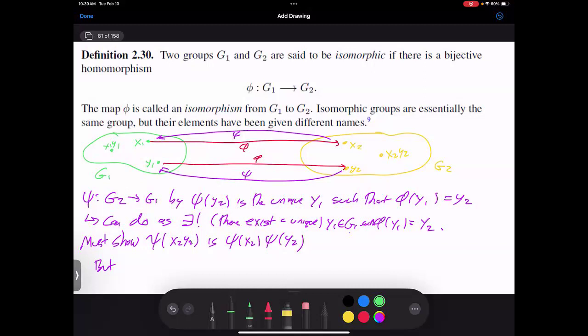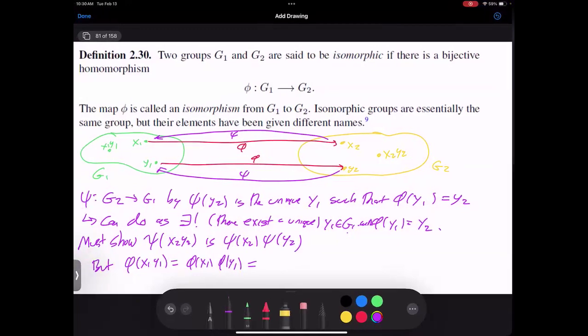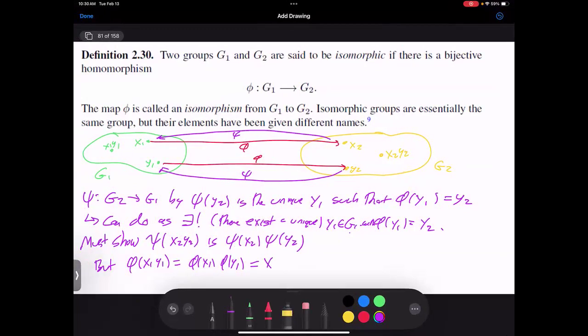So we know that phi of x1, y1 is phi of x1, phi of y1, because phi is a group homomorphism. And then that's the same as x2, y2. So yes, C of x2, y2 is x1, y1, and that's going to be C of x1, C of y.